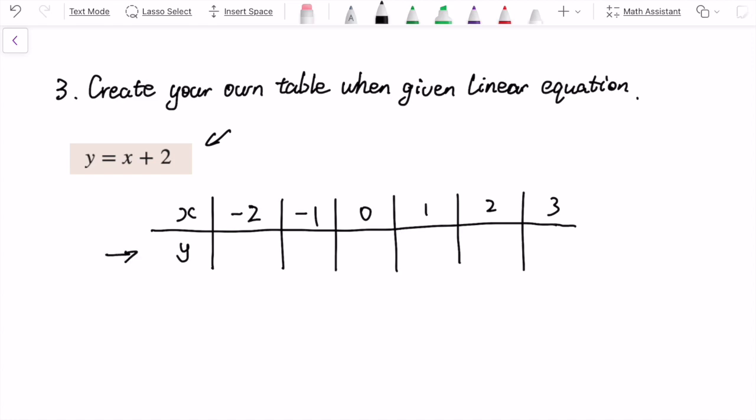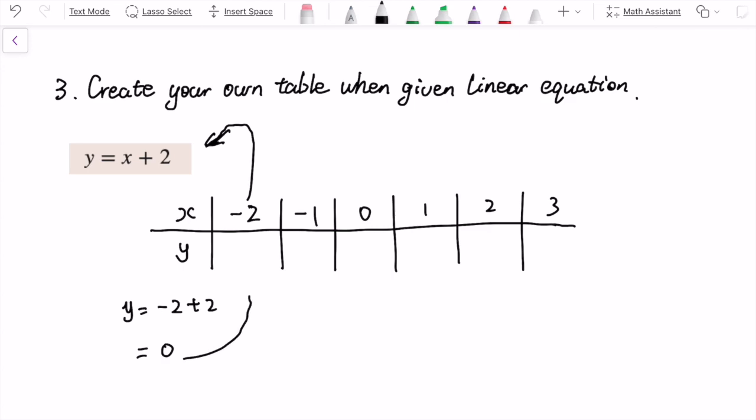So now you are going to find out the value y. First, you put the x value into this equation. So you can get y equals -2 plus 2. So y equals 0. So you put 0 into this box. Next, you are going to put -1 into this equation.